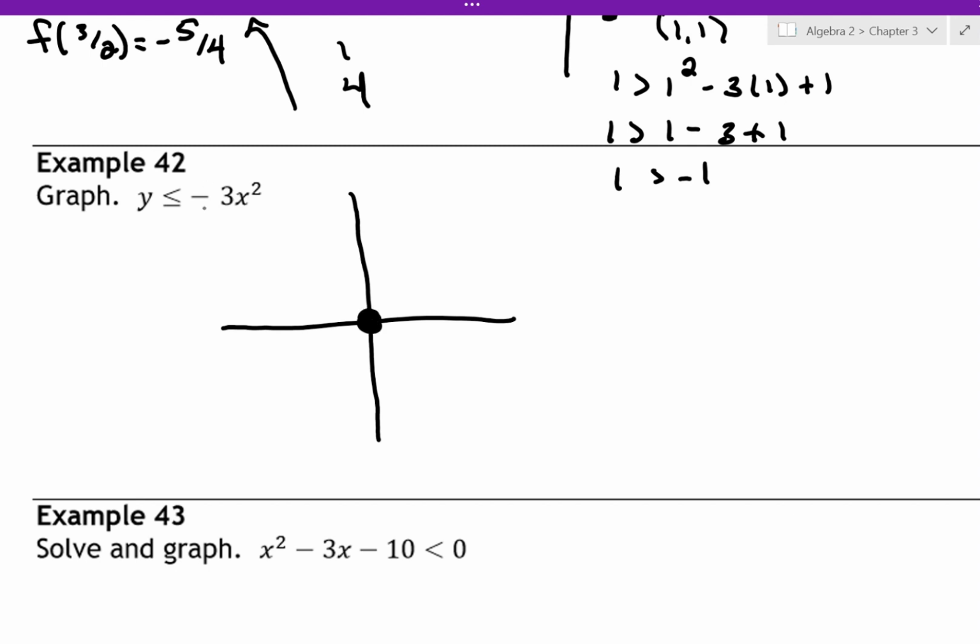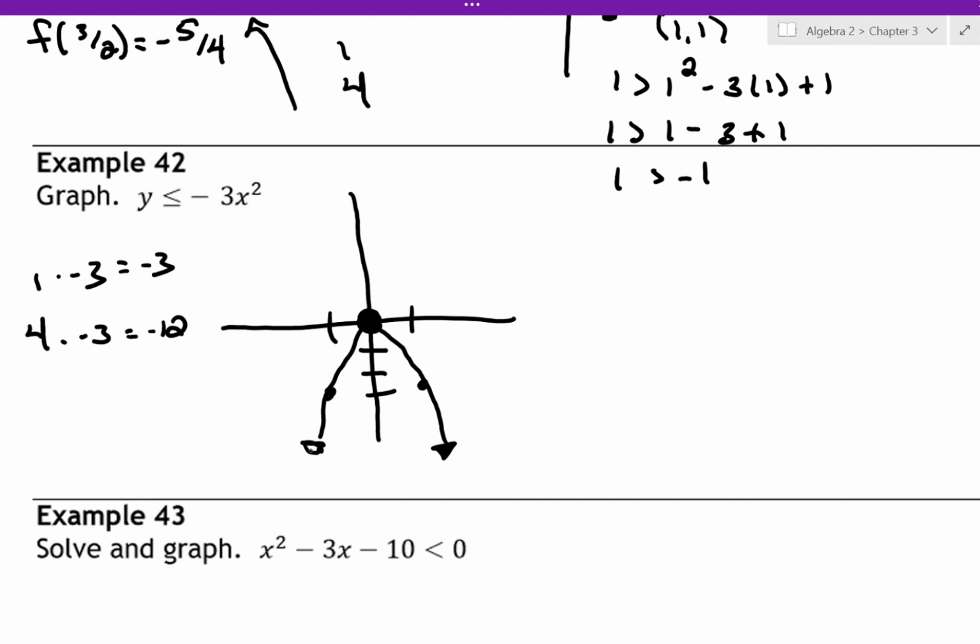And then the negative 3, you use the numbers 1 and 4 times negative 3 to give you negative 3 and negative 12. So you go down 3 and then left and right 1. And then for our next ones, we could go down 12 and then left and right 2, but we're not going to do that. We're just going to leave it as is. This is a less than or equal to symbol, meaning that we can do a solid line.